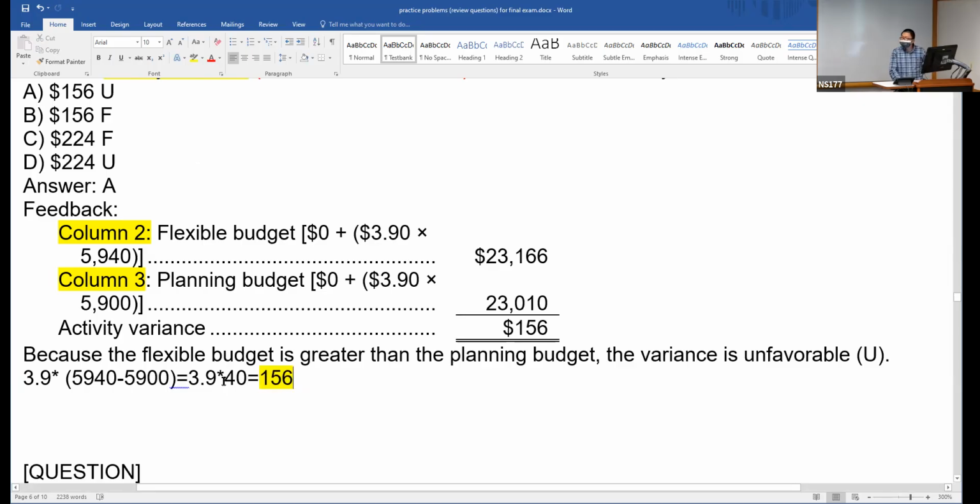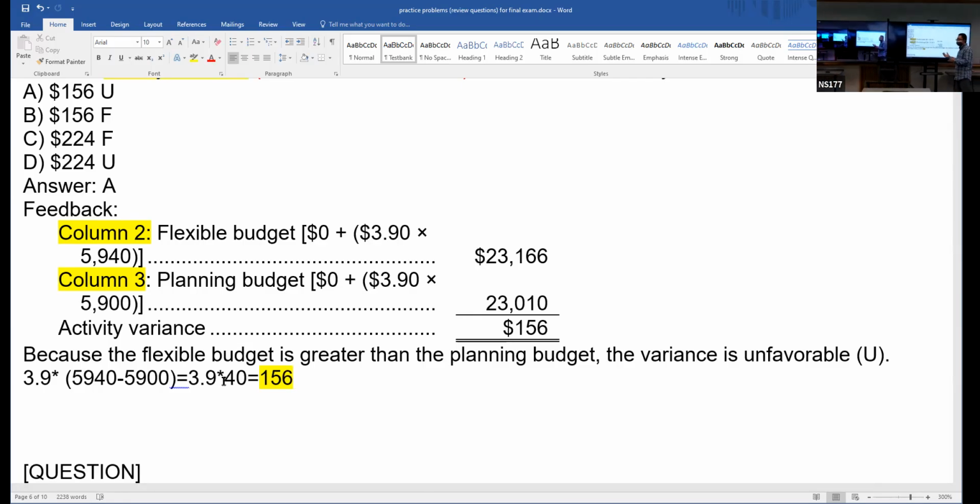If you calculate it with the fixed cost, it'll come out the same, because it'll cancel out. In this question the fixed cost is 0, and even if the fixed cost is not 0, it will still cancel out.